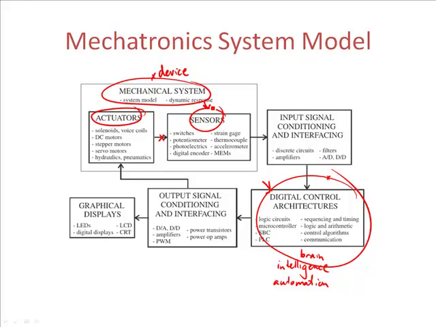We might be trying to determine its position, its speed, its temperature, or some kind of energy we might be trying to measure. Whatever it is we're trying to measure, we need to sense that. And so what the sensor does is take some physical quantity, whether it's speed, acceleration, position, temperature, etc., and convert it to an electrical signal.